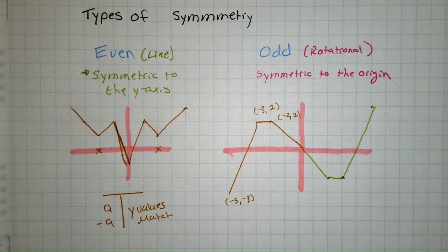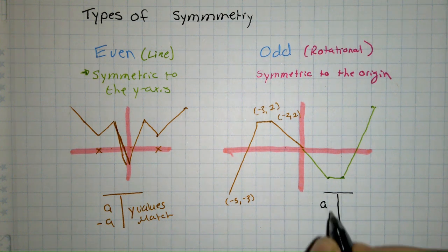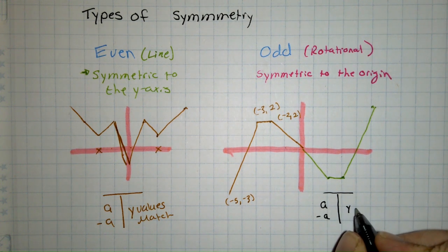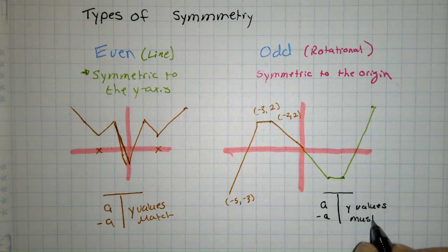So if you look here, we could take that brown section, rotate it 180 degrees, and it matches up to the green section. That's what rotational or odd symmetry is. And basically, if you take an a value and its opposite, then the y values must be opposites.